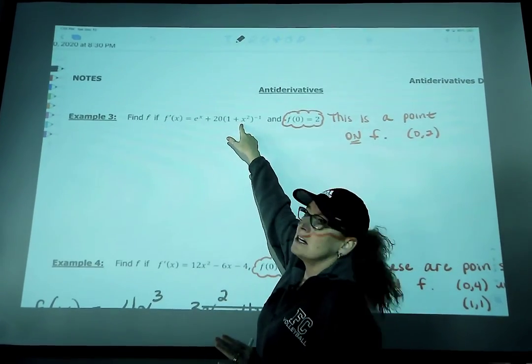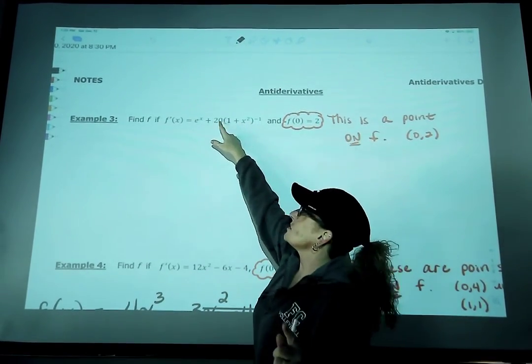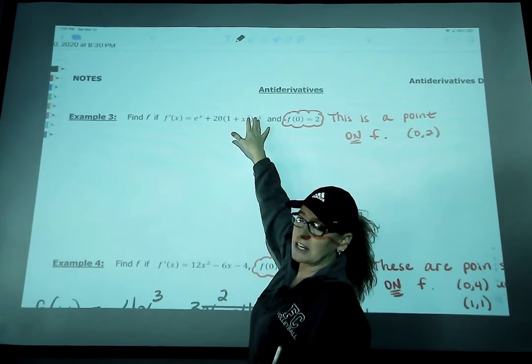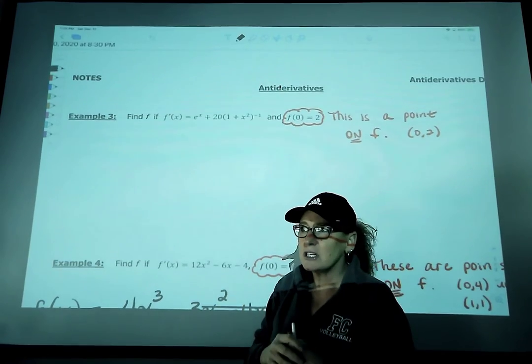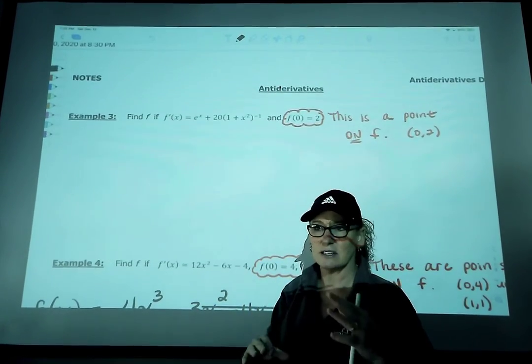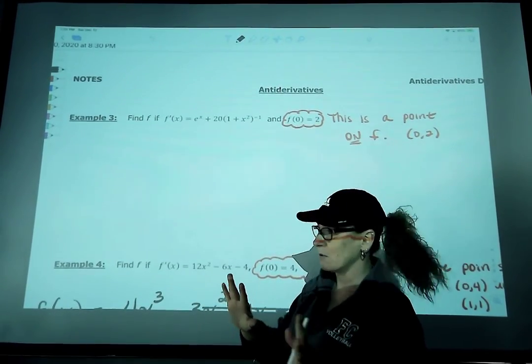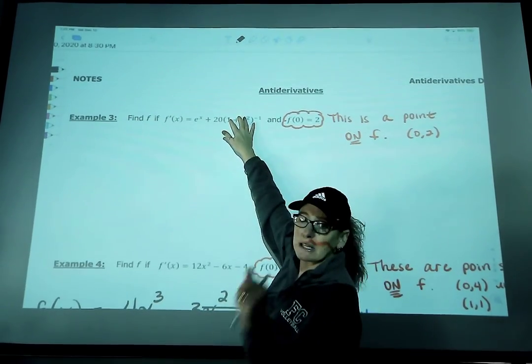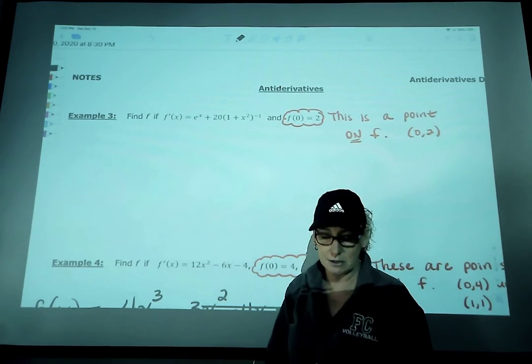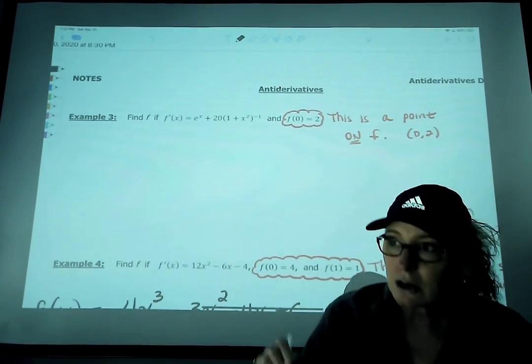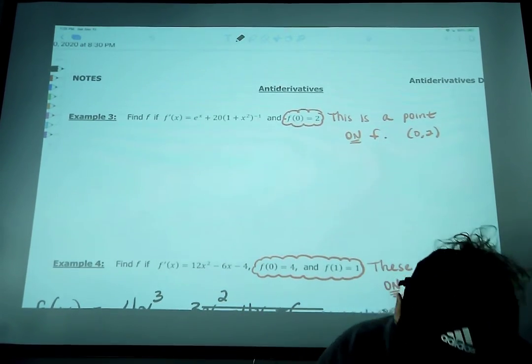This one, not so much. This isn't 20x to the negative 1. So you can't just say, oh, well, the antiderivative of 1 over x is natural log. No. This isn't just a plain x. This is something messy being raised to the negative 1 power. So I'm going to do a quick rewrite before we start our antiderivative.